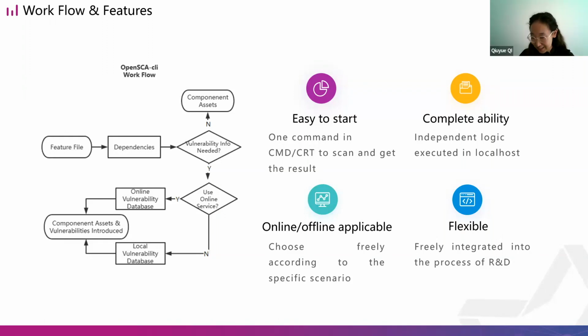I'm going to go into details and try to clarify this part. As we can see on my screen, the left part is the workflow of our OpenSCA that I drew yesterday. Basically, the engine works just on your local host, so there is no server on cloud or other parts.